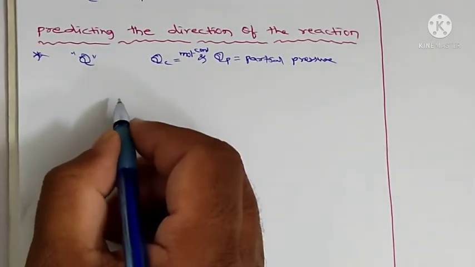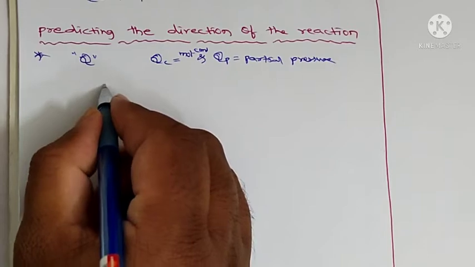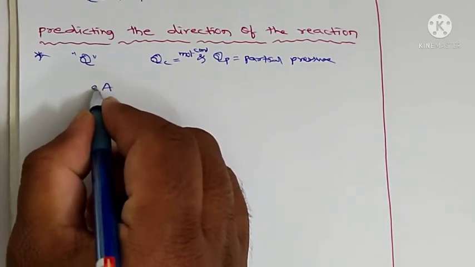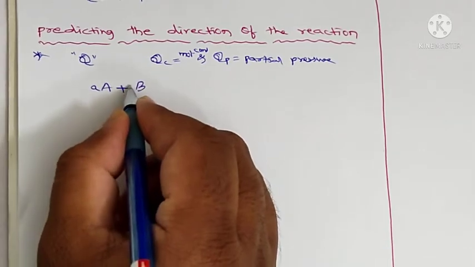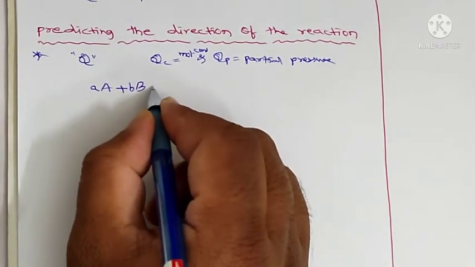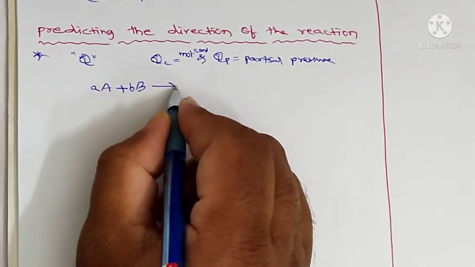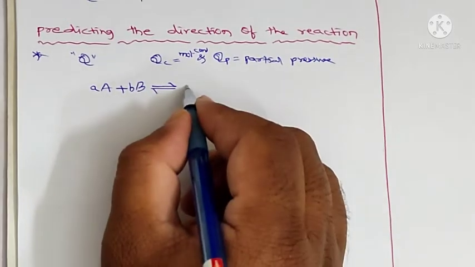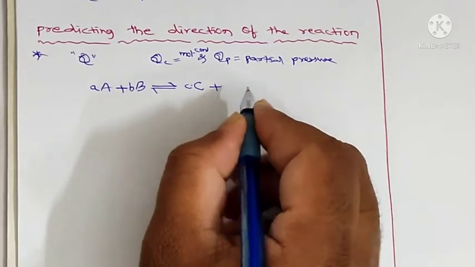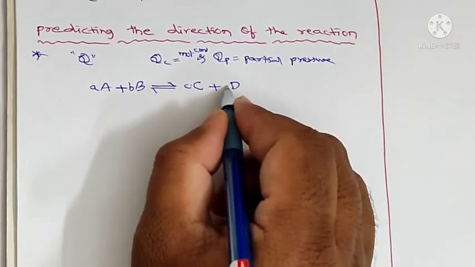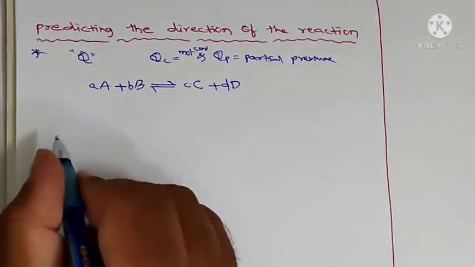Let me write one general reaction. Reactant A with the coefficient small a, and the reactant B with the coefficient small b, equilibrium, and the product C with the coefficient c, plus the product D with the coefficient d.